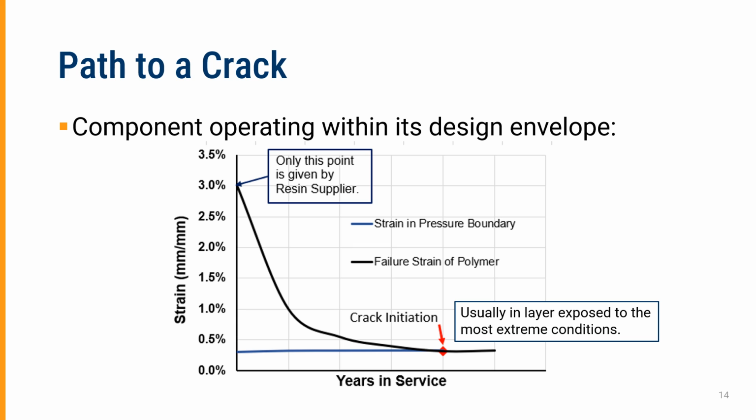I'm going to talk for a second here about how we get to a crack, because this is important. It actually shows the process by which cracks will often develop in FRP. So I've actually listed a strain value here. We could normalize it and make it a percentage of original strain. But nominally, for a lot of polymers, the failure strain is going to be around 3%.